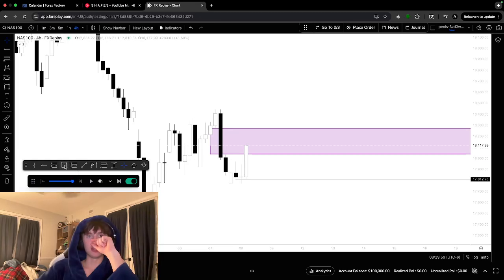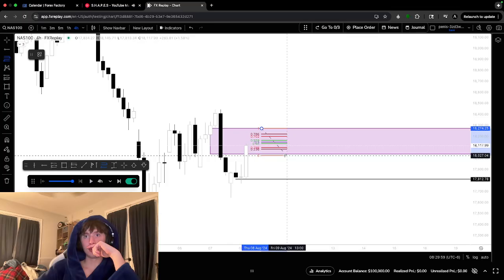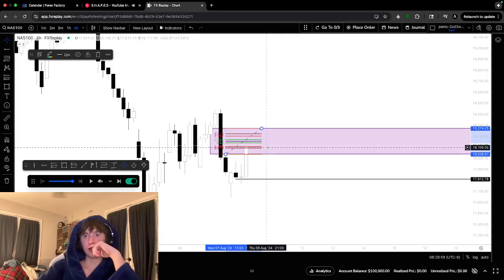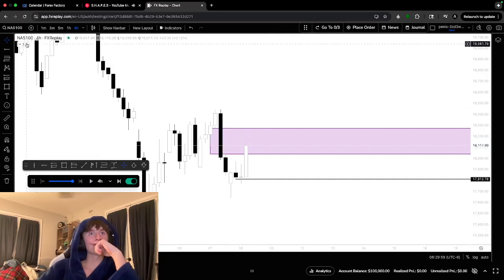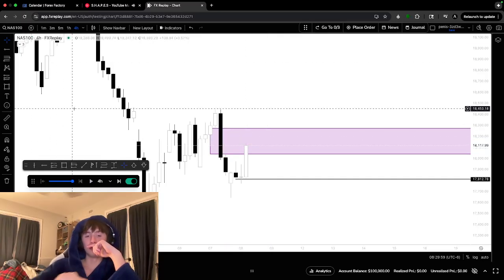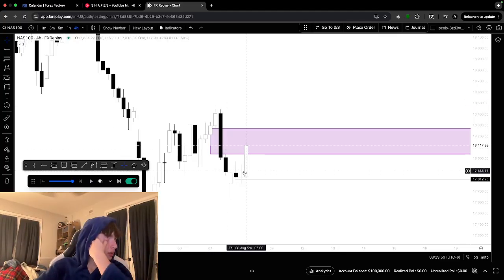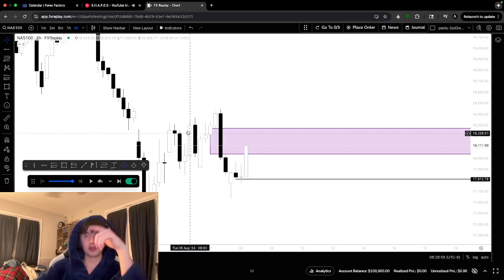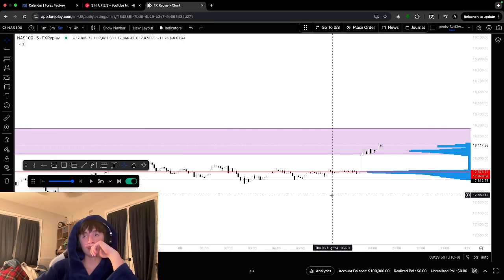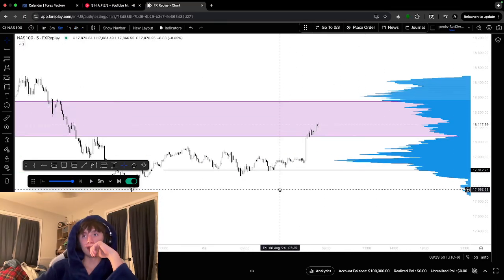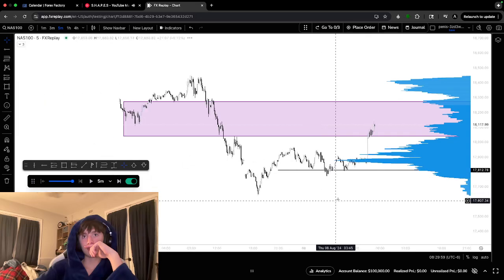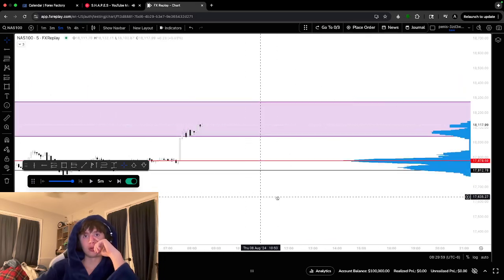Hit the 50%, hit equilibrium, as people call it. We have not hit it yet, so we're gonna be bullish and then we're gonna come down. That's my prediction. Oh, we had CPI probably.